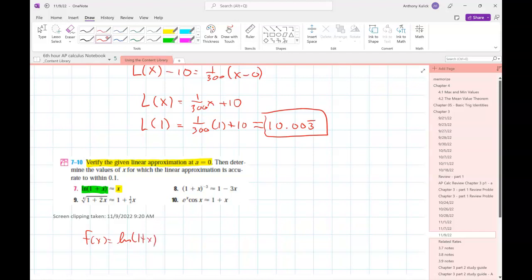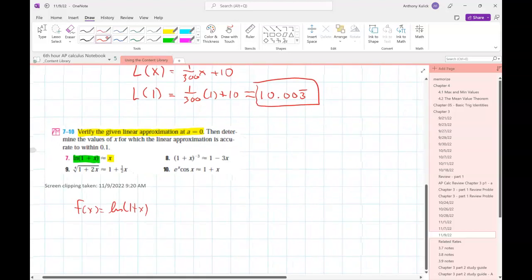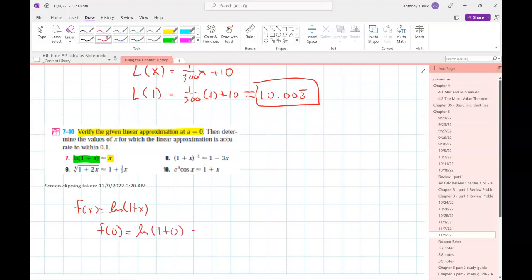So I'm going to start by finding the linear approximation and seeing if it does indeed just become y equals x. And it says to use a equals 0, so I'm just going to do f of 0. So I plug that in, it's the natural log of 1, which is 0. And we'll do the derivative.